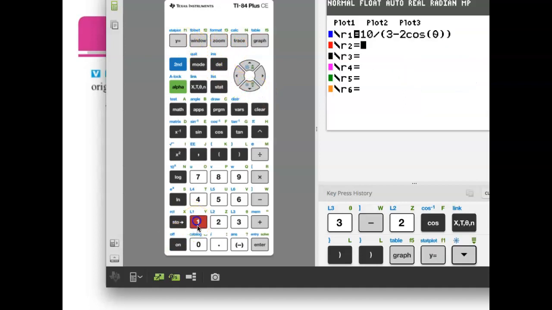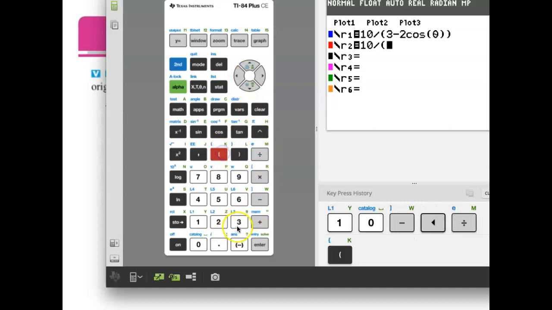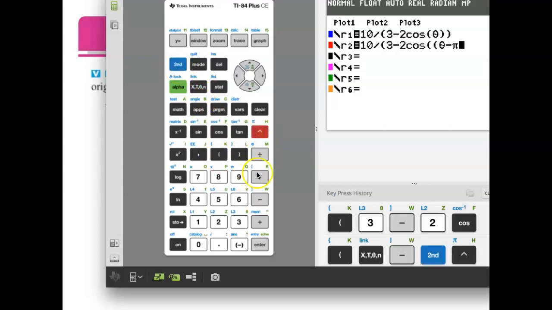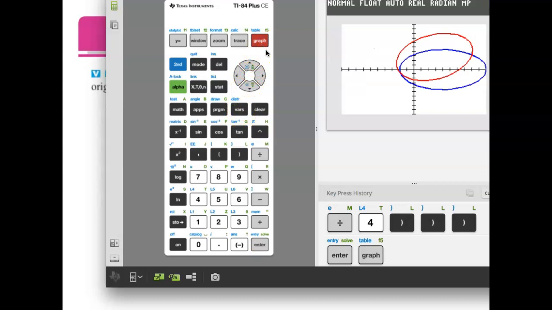So now 10 over 3 minus 2 cosine of theta minus pi over 4. There we go.